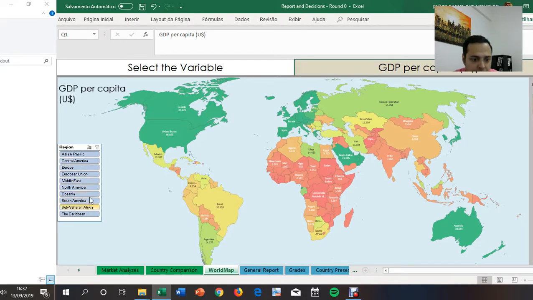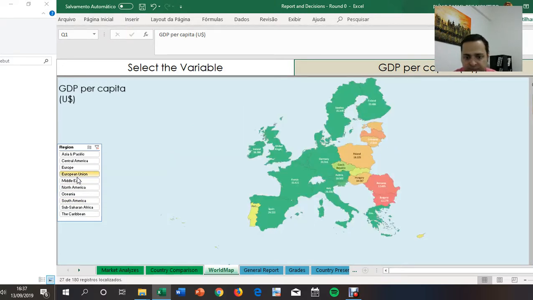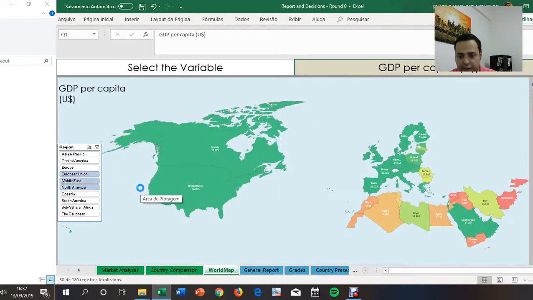For instance, we can go to North America, or we may change to European Union, or even we can have different parts together. Okay, so let's select all countries in the world by using the Ctrl to select all countries together.